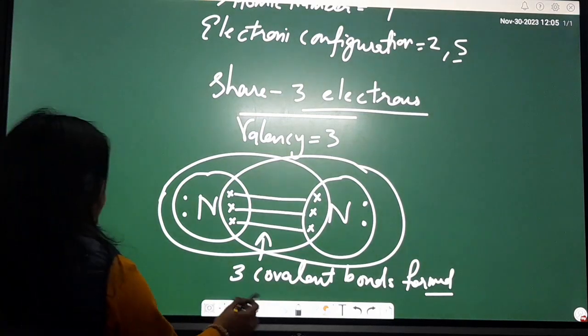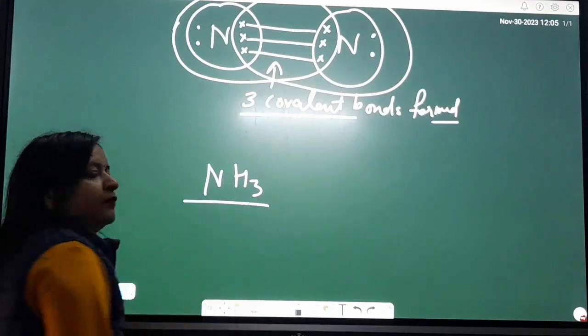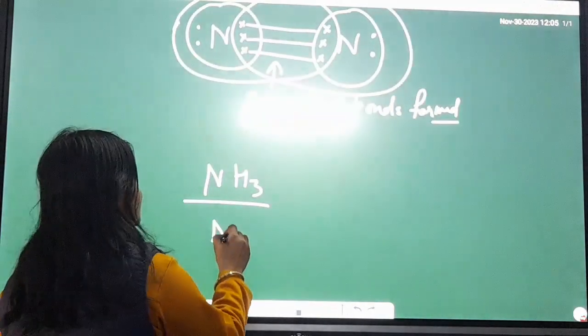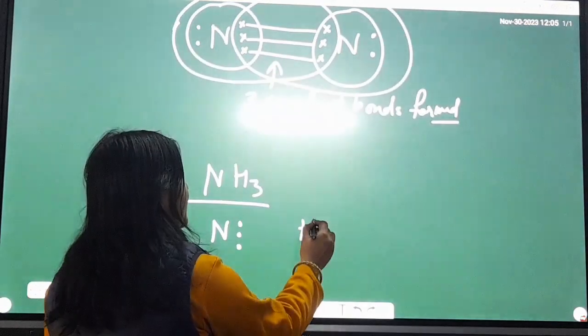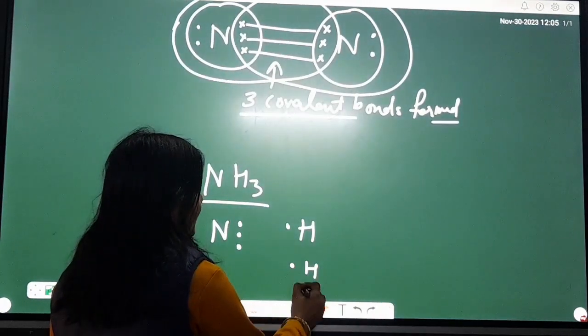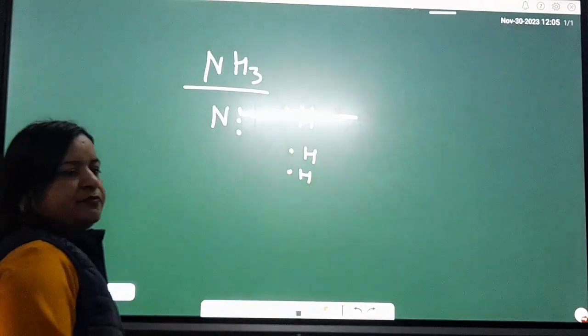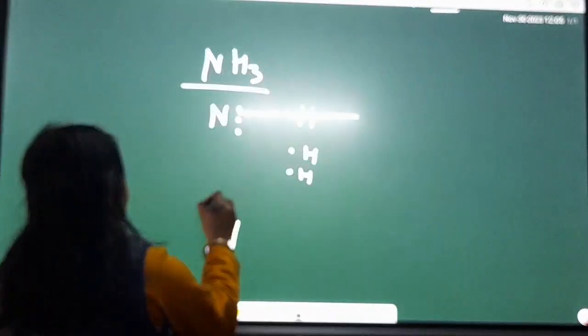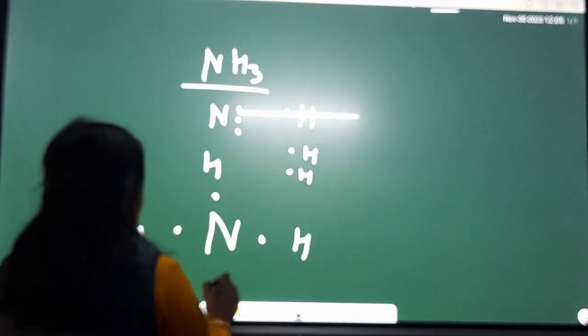Now, if you imagine the formation of NH3, you can see nitrogen has 3 electrons to share, and each hydrogen has 1 electron to share. So, in this way, nitrogen with its 3 electrons is sharing with 3 hydrogens.